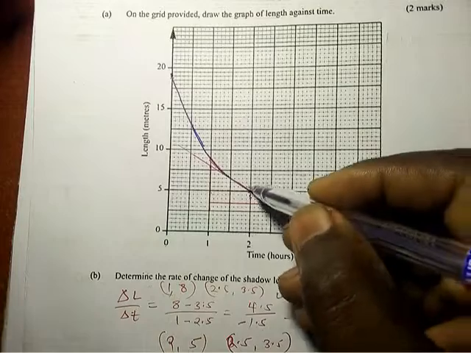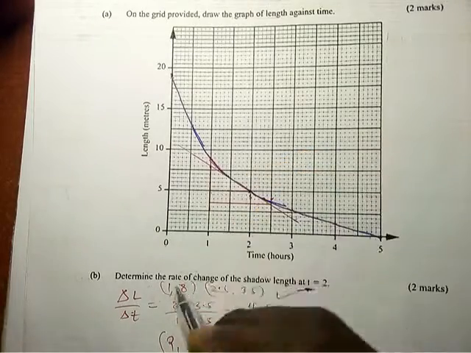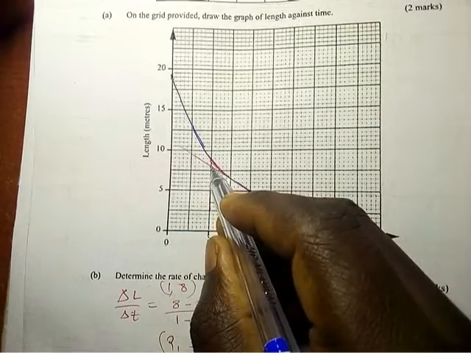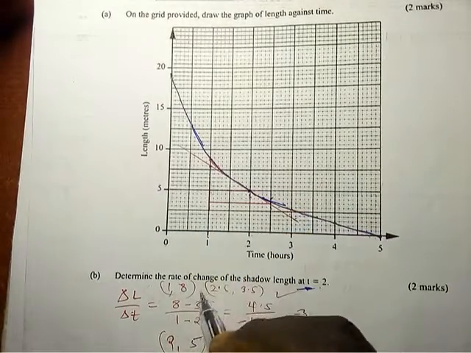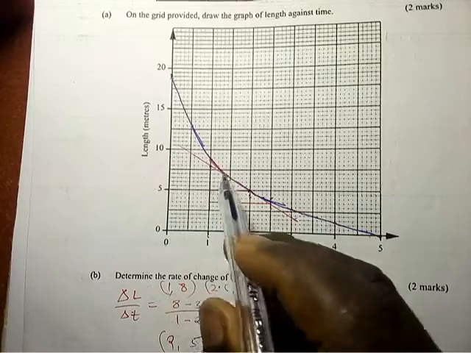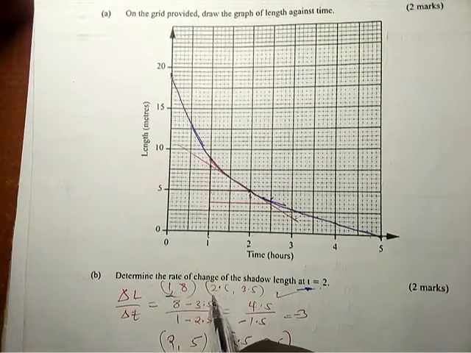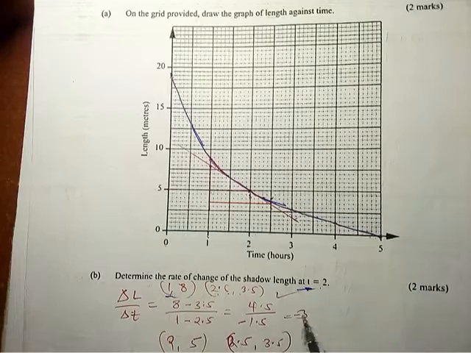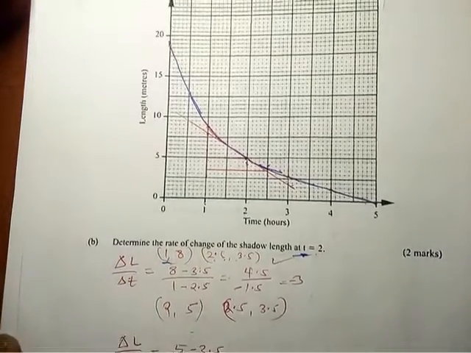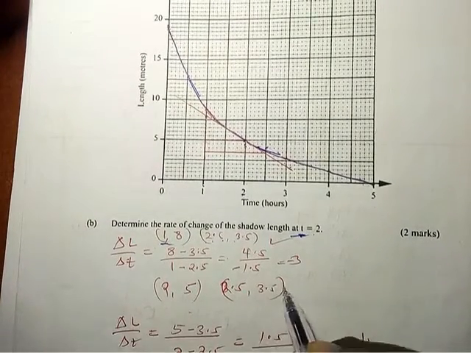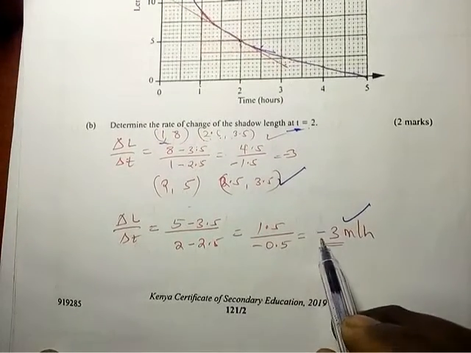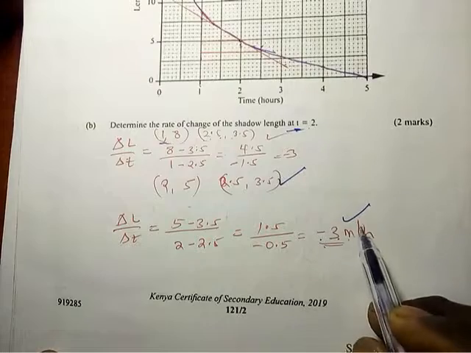So I took 1, 8 here, and then 2.5, 3.5. You find the gradient for that, and the gradient is going to be -3 meters per hour.